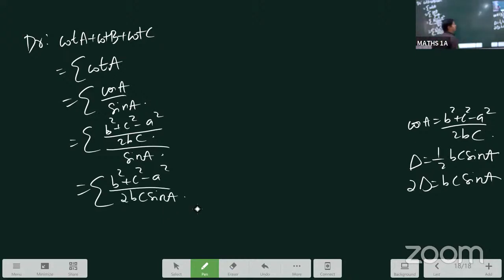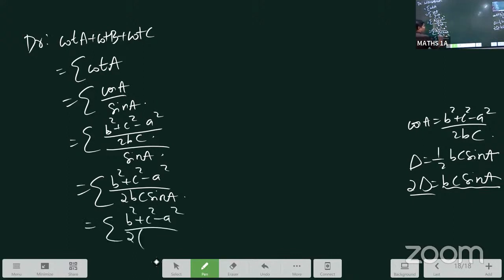But BC sin A is 2 delta. So that is B square plus C square minus A square by 2 into 2 delta. That is nothing but summation B square plus C square minus A square by 4 delta.